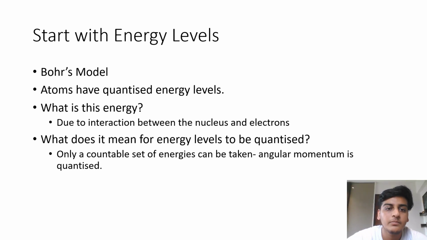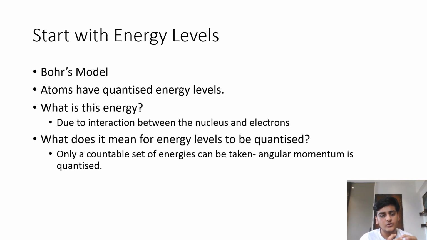Right. So before we are able to get into exactly what an energy band is, we need to start with energy levels. This is probably something that everyone has seen in their 11th, 12th standard, in Bohr's model, where you have the hydrogen atom, which has different quantized energy levels.